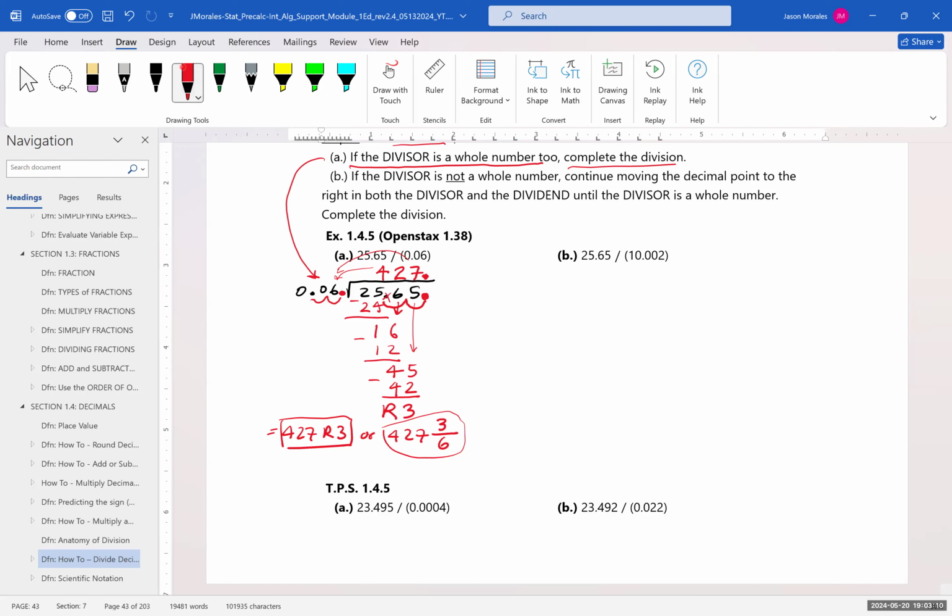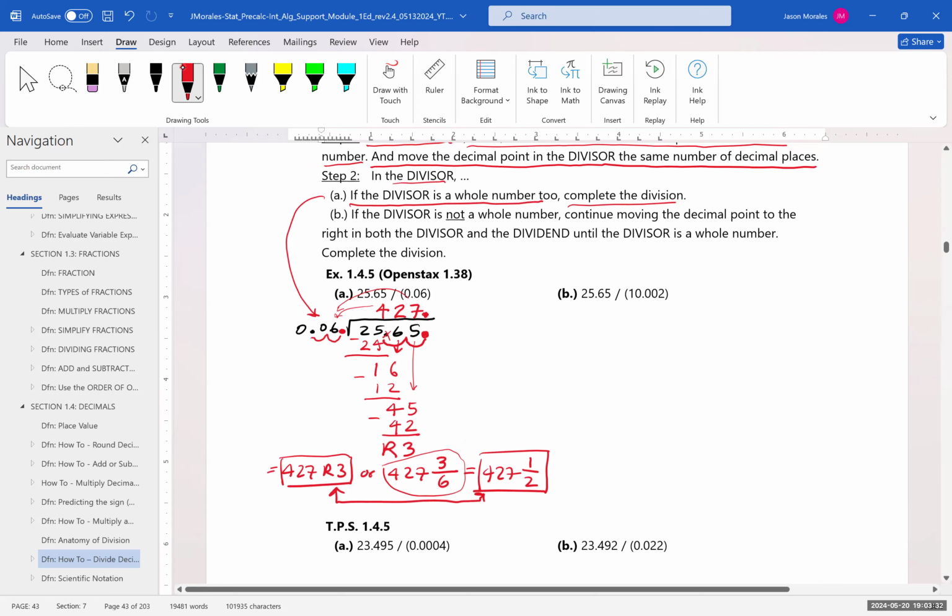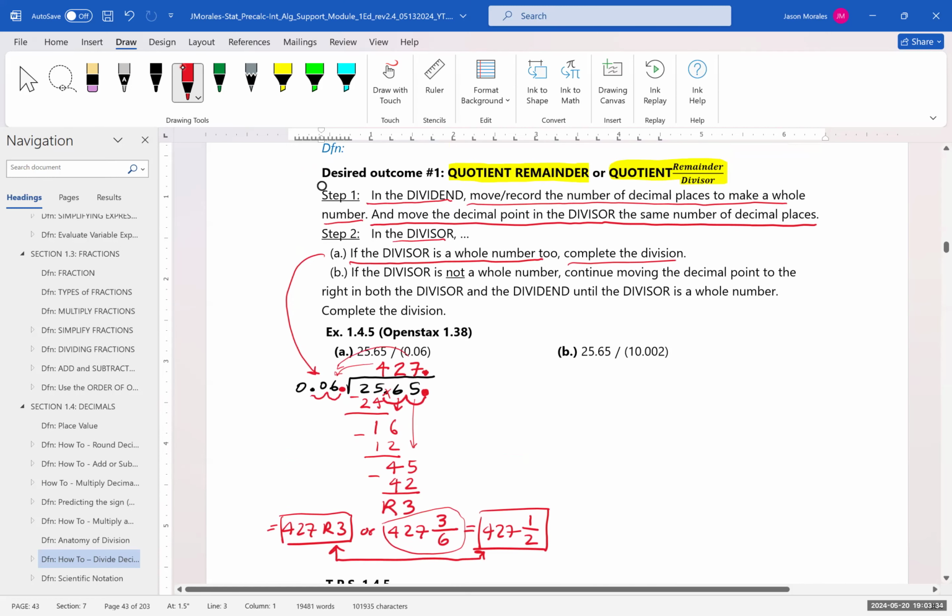We can simplify this down to 427, and 3 over 6 can be simplified to 1 over 2. So we could write our quotient either of these two ways. But that's following these rules that we just now followed. So now let's look at this second example using the same steps.